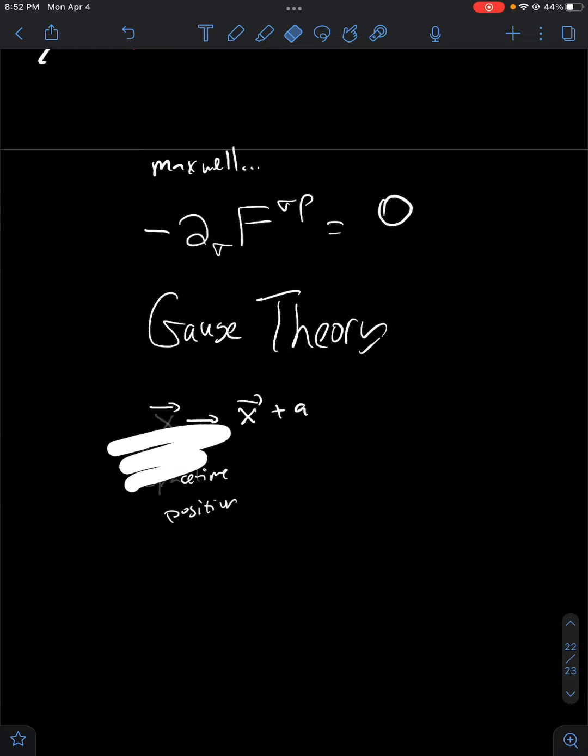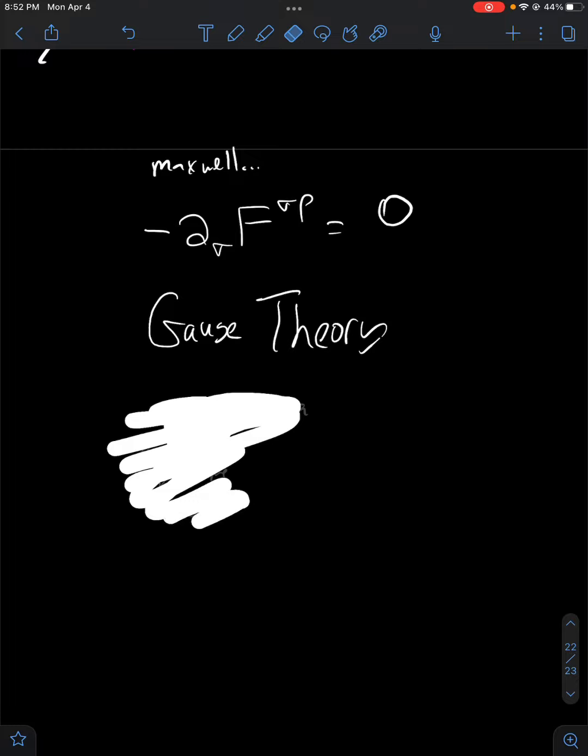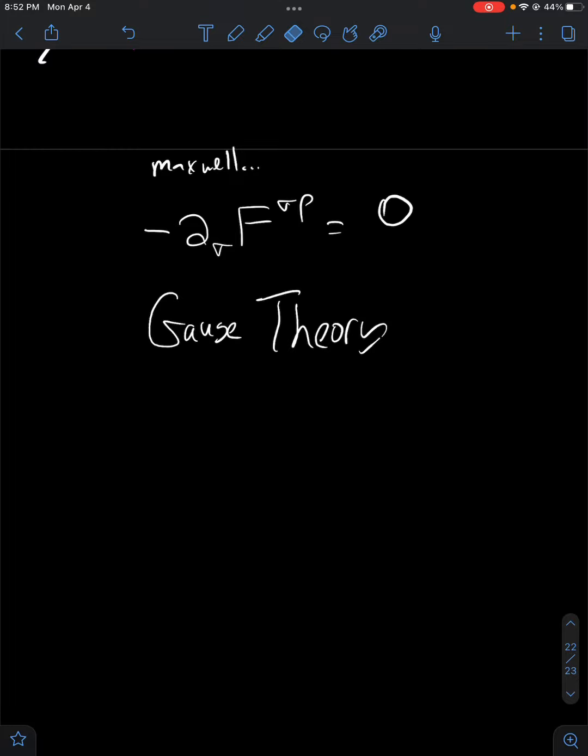Now, when we actually transform our quantum field itself, that's called a gauge transformation. So for example, for the scalar field, let's just use the vector potential, since that's relevant. If we were to transform A_rho into A_rho tilde, the transformation is called a gauge transformation.